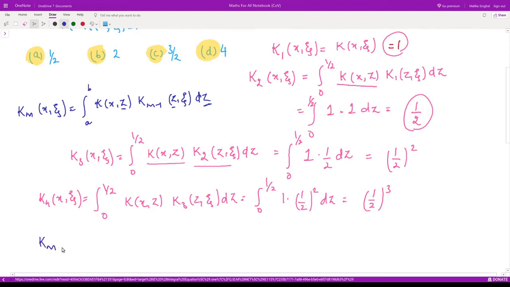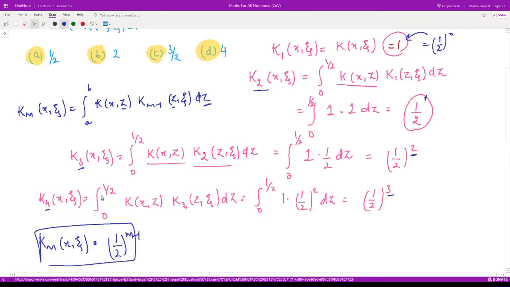What would K_m(x, xi) be? You see, K4 is equal to 1 by 2 raised to power 3, K3 is 1 by 2 raised to power 2, K2 is 1 by 2 raised to power 1, and K1 was 1 by 2 raised to power 0, which is 1. So I can generalize this as 1 by 2 raised to power m minus 1. This is my mth iterated kernel.